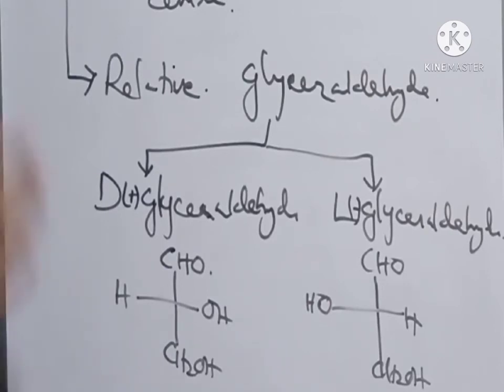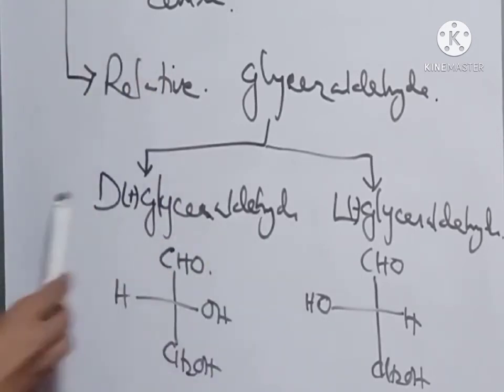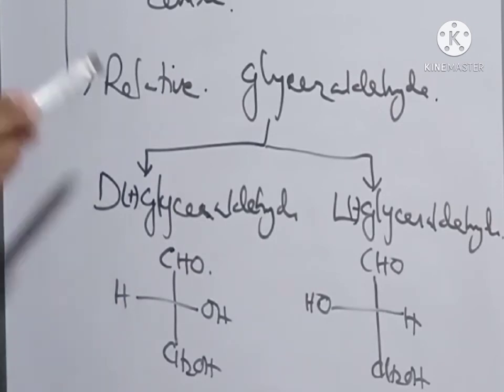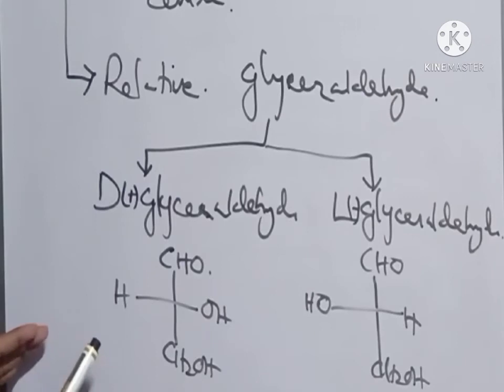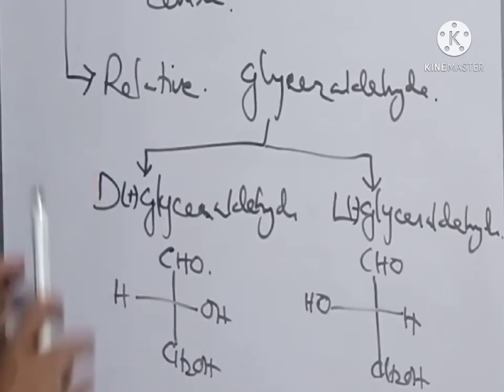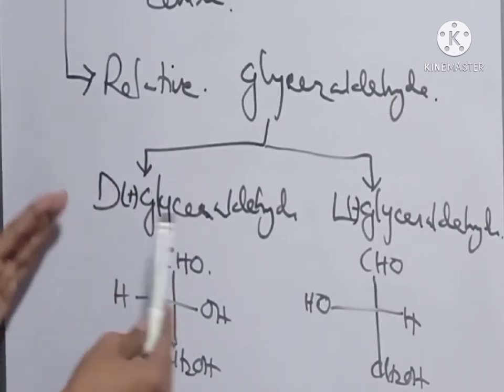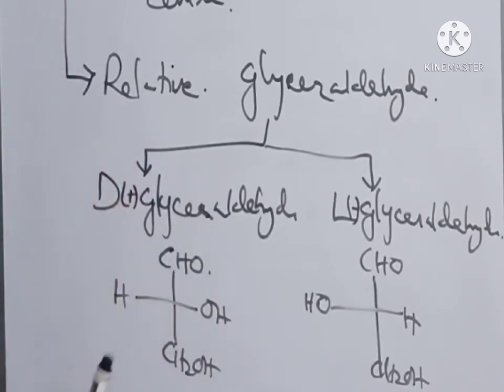So if we have any enantiomer or any stereoisomer, then first of all we compare the stereoisomer with these two structures. Any compound that could be obtained from D-glyceraldehyde, or any stereoisomer that could be converted into D-glyceraldehyde, belongs to D series.